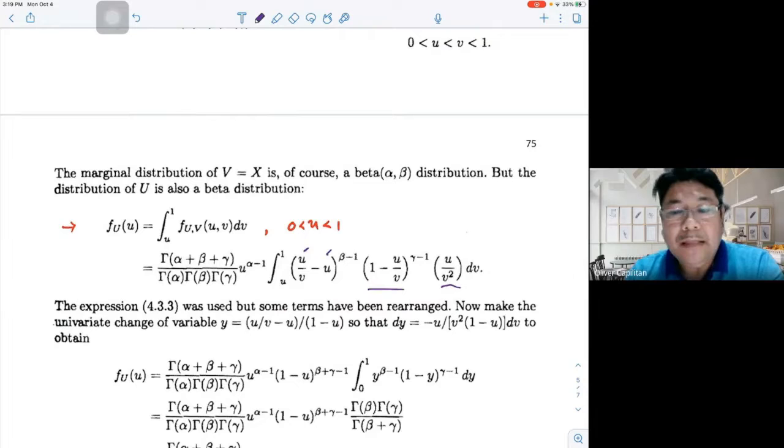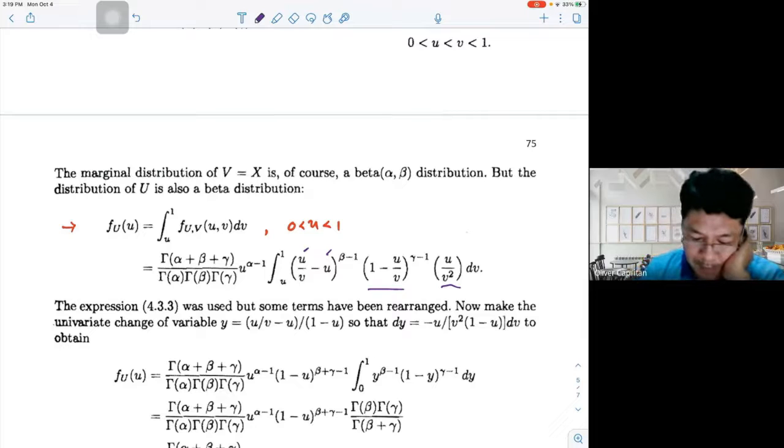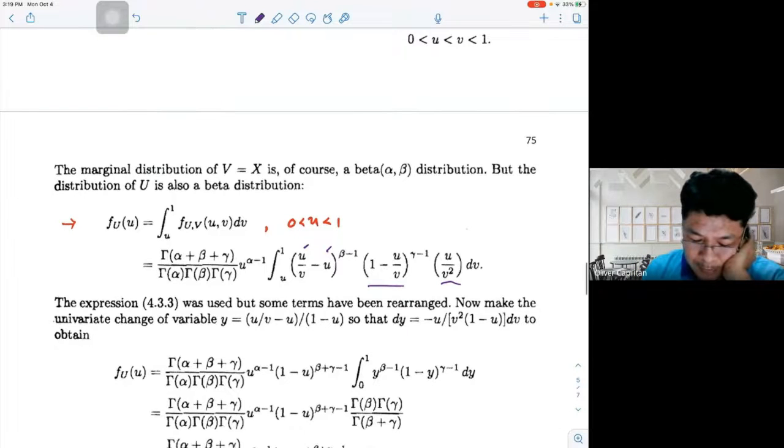Okay, so to be able to integrate the expression in our marginal distribution of U here, we're going to change variable. So we let Y here be equal to, we can say, U over V minus U, divided by 1 minus U. That is our Y. Okay?